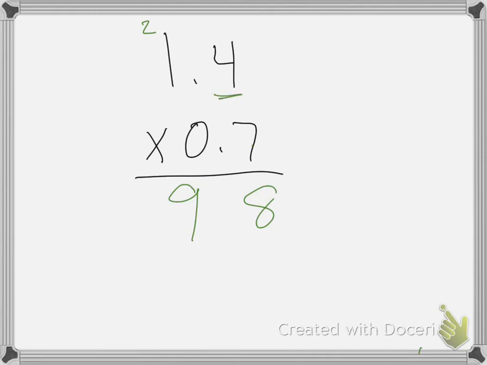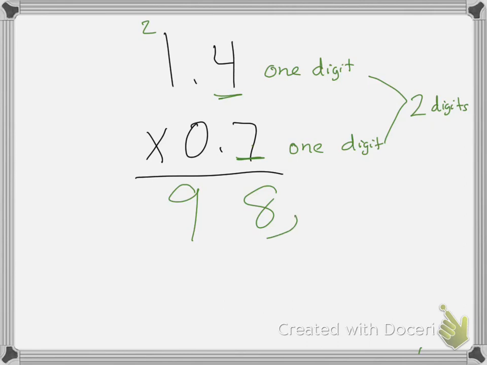In this case, I have 1 digit here, and I have 1 digit here. So that's a total of 2 digits to the right of the decimal place. So my decimal needs to have 2 digits to the right of it. So I go 1, 2, and put my decimal. So now I have 2 digits to the right of my decimal place.